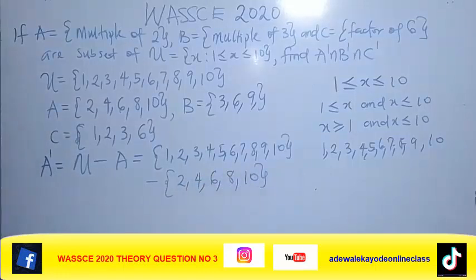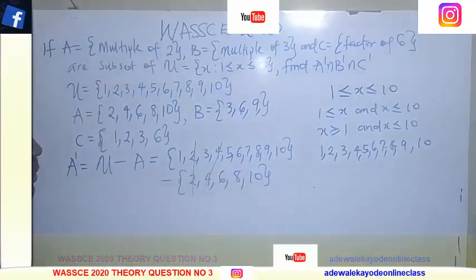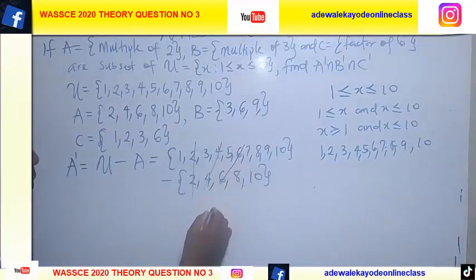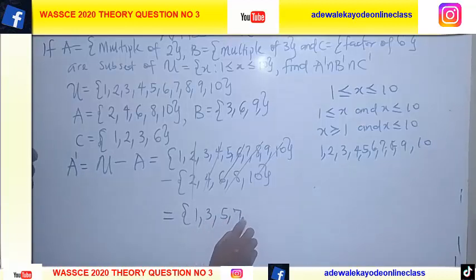Now let's take them away. Since we said what you cannot see in this set, but we have them in the universal set, let's cross them. 2, 4, 6, 8, 10. So what are we left with? The remaining numbers now are 1, 3, 5, 7, 9.